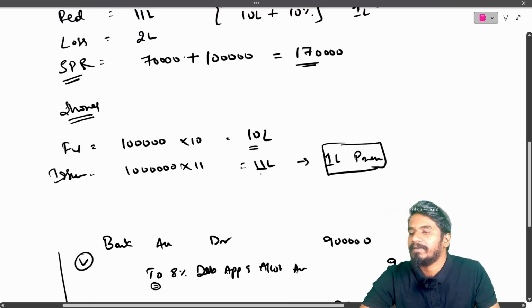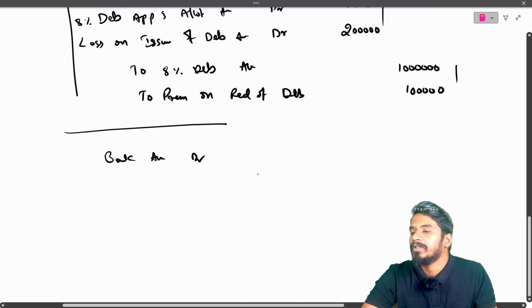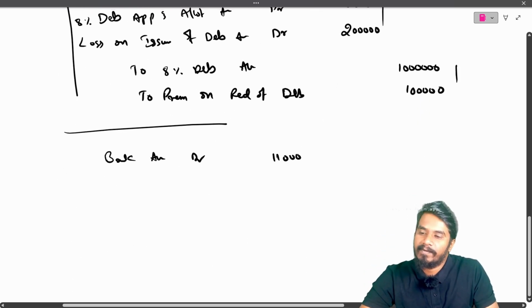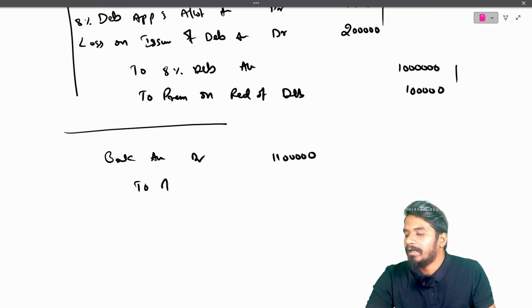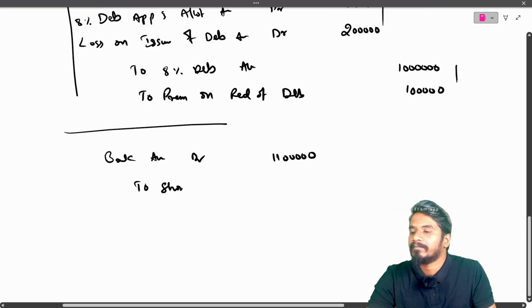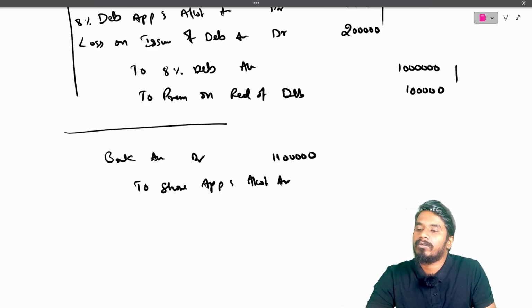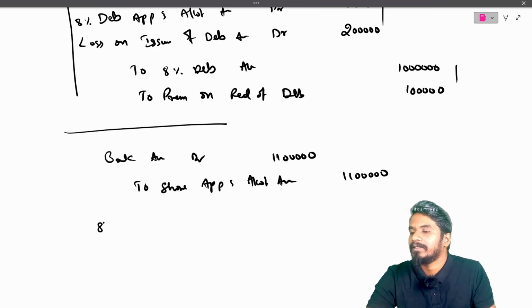Whatever the money we are receiving, 11 lakhs, correct? So 11 lakh rupees we will receive in the bank account. Two, share application and allotment account will get credited for 11 lakhs. Just name change, that's it.